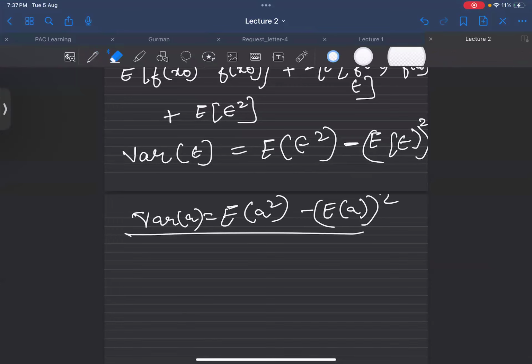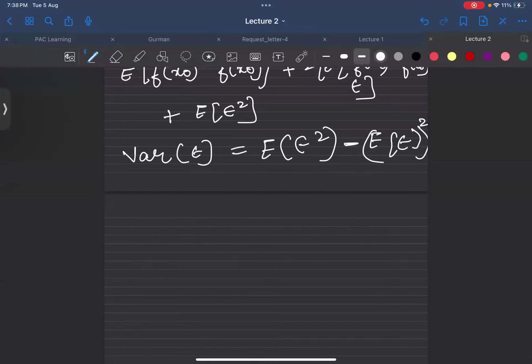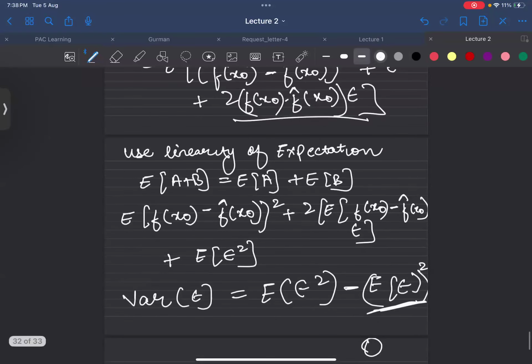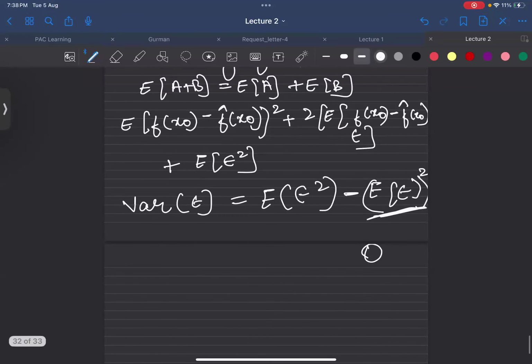That's what I am using there. I know the expectation of epsilon is 0 here. We have already taken that term. So what is variance? Expectation of sigma square. Can I take sigma square in place of this then?